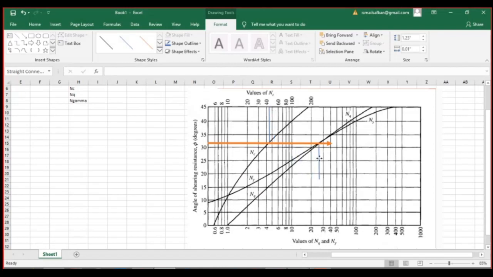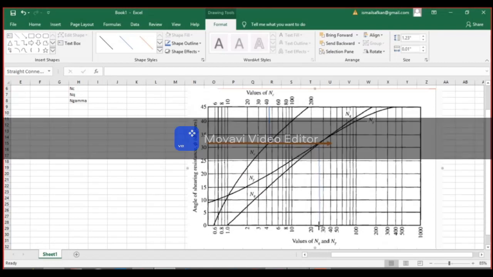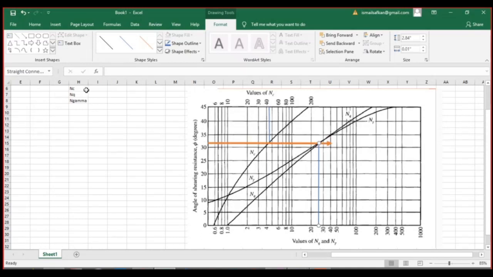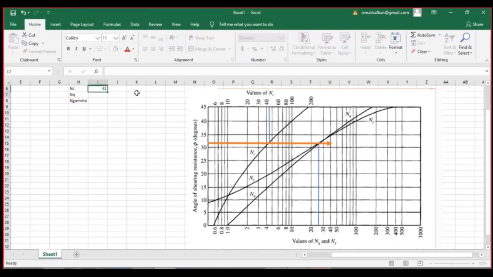And on the other hand, Nq and N gamma is somewhere here. So let's assume that as 28 and this as 41. So 41 and the other two 28, 28.